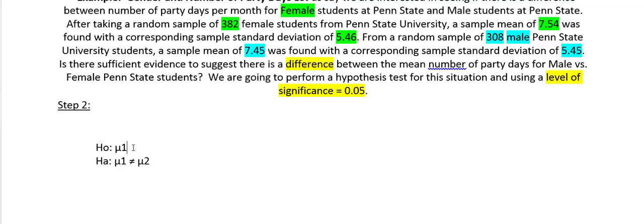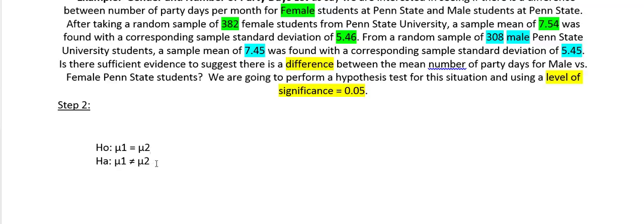Because there's no direction implied, we don't really care about the direction of subtraction in step 1. We just want to make sure that we're consistent throughout. Because it said difference, that's what my step 2 will be: H sub A is mu1 does not equal mu2.